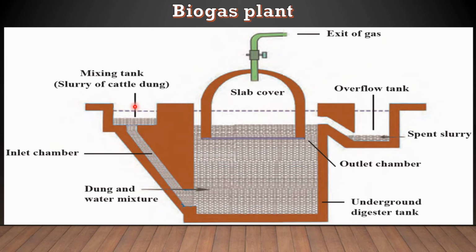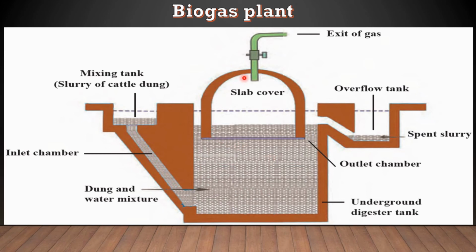Inlet chamber. The mixing tank opens underground into a sloping inlet chamber. Digester tank. The inlet chamber opens from below into the digester tank, which is a huge tank with a dome-like ceiling.